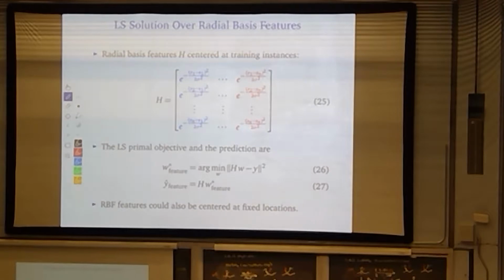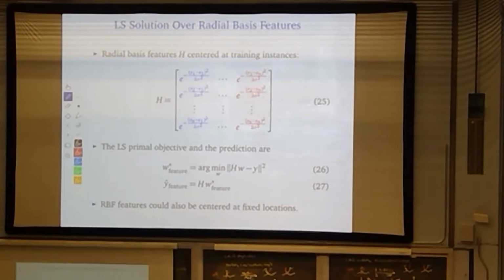Here is the math, okay? When I use radial basis function h centered at the training instances, this is not the only way to do the radial basis features, okay? As I have shown previously, you can put so-called landmarks. You pick landmarks because otherwise, if you have 1 million instances, you have 1 million basis functions.